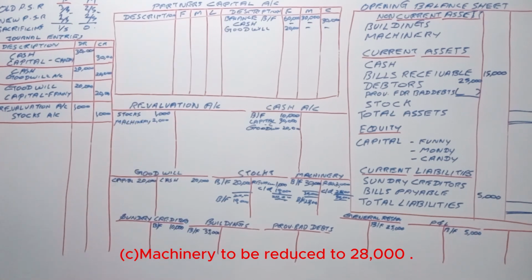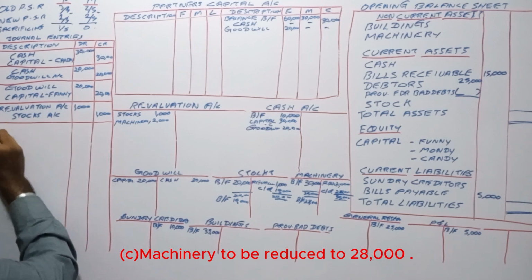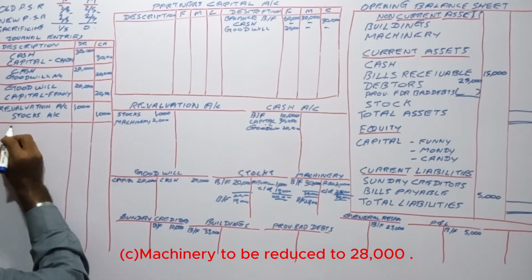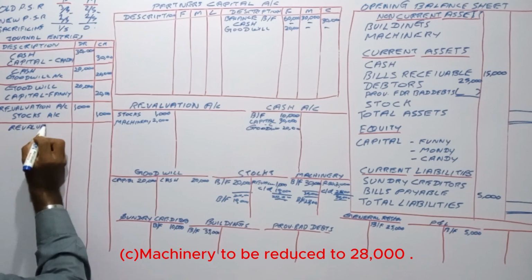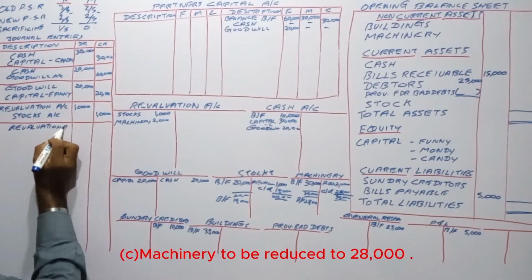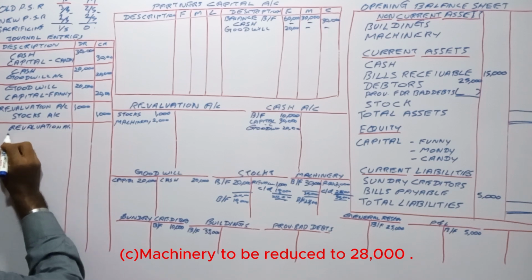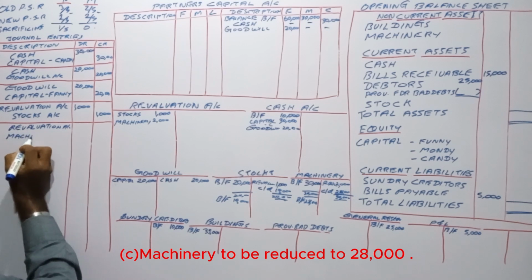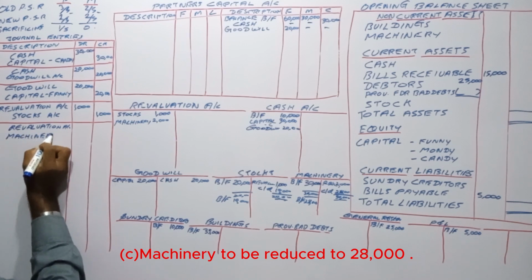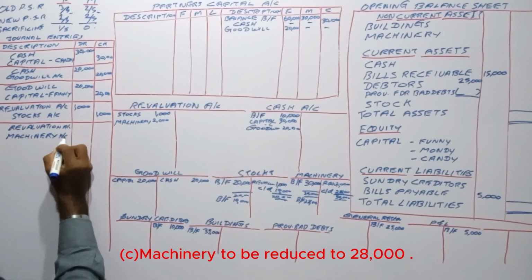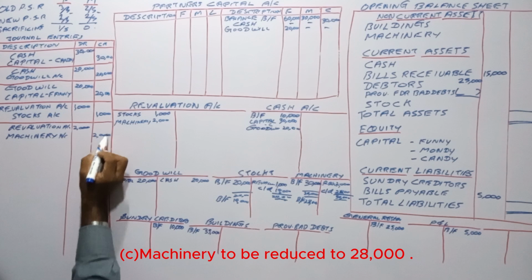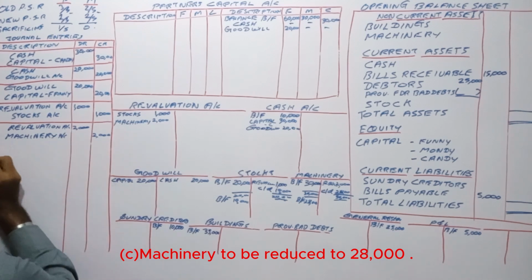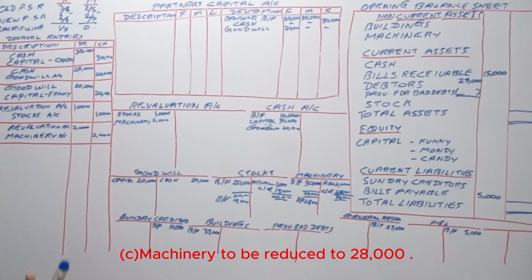The journal entry is revaluation account debit 2,000 and machinery account credit 2,000.